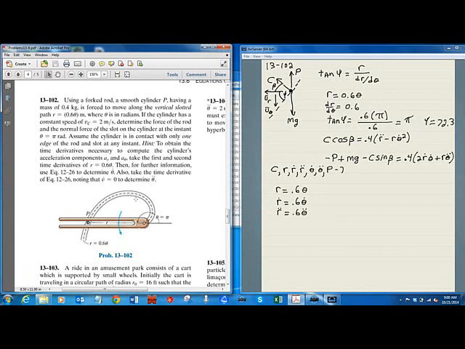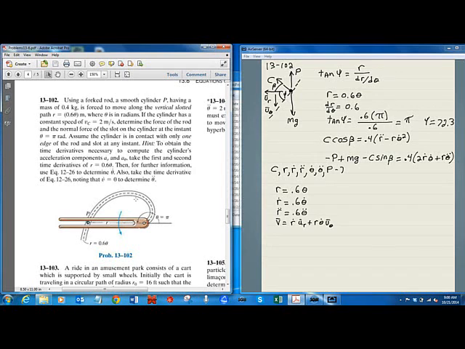I'm also told that the speed is constant. So I'm going to write down the speed in r theta directions. The speed, the velocity, is equal to r dot in the u_r direction plus r theta dot in the u_theta.